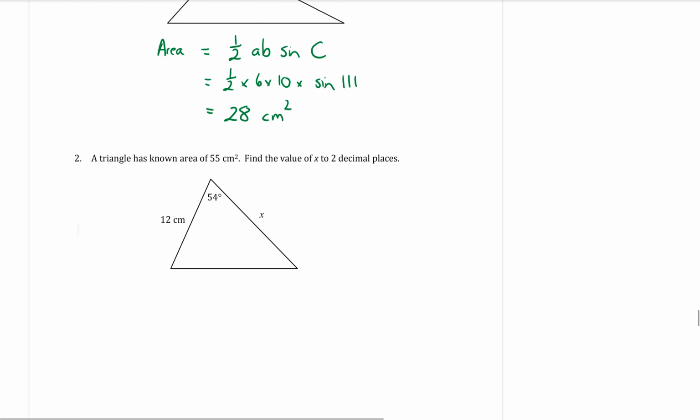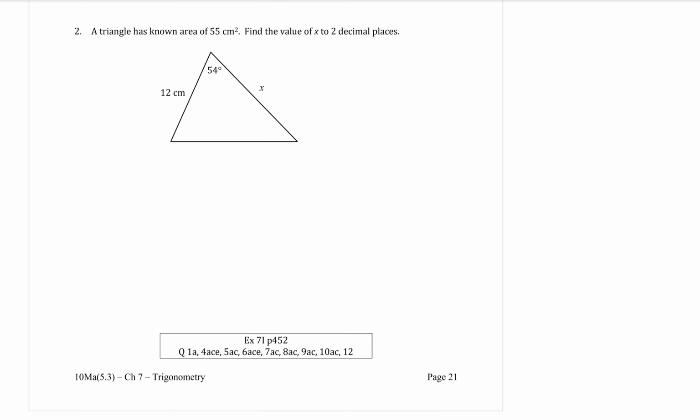However, question 2, a triangle has a known area of 55 centimeters squared. Find the value of x to 2 decimal places. So again, I'm going to make the angle the capital C, and the two sides on either side of that will be A and B. So my formula is area equals half AB sine capital C. So this time I'm told that the area is 55.